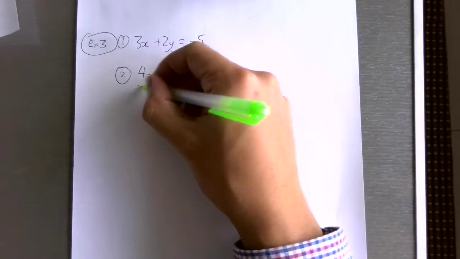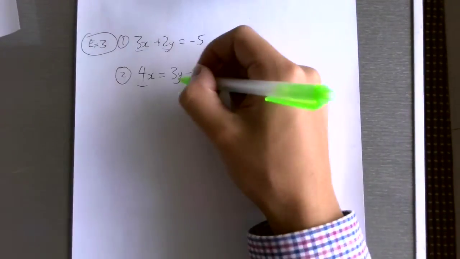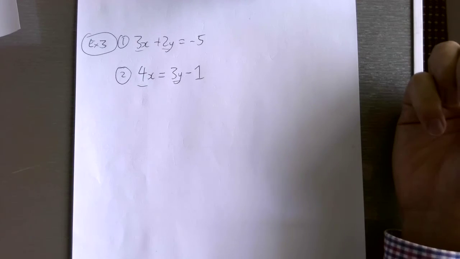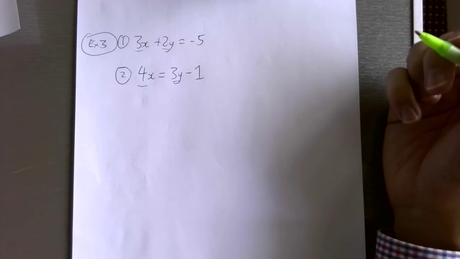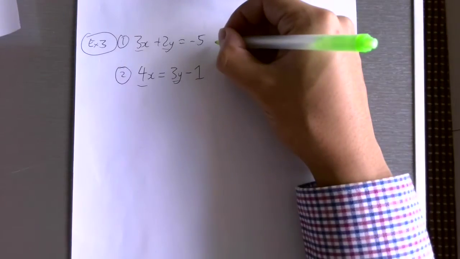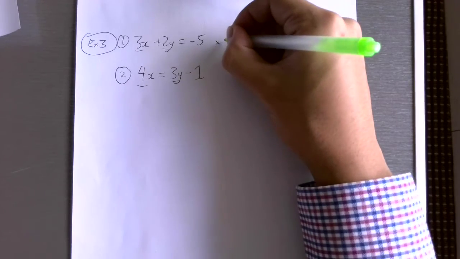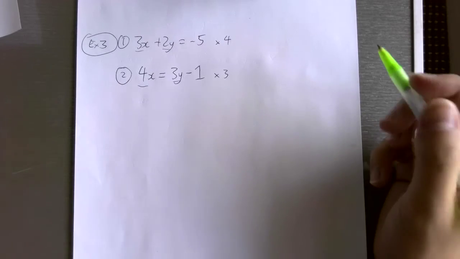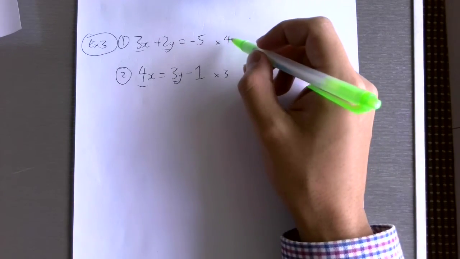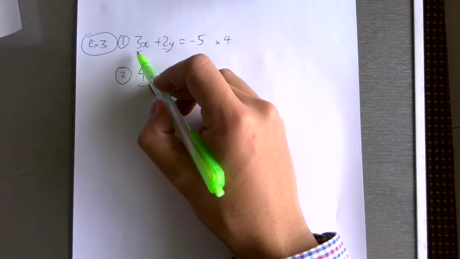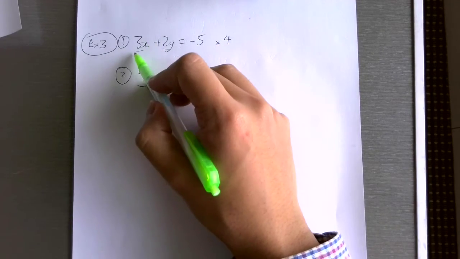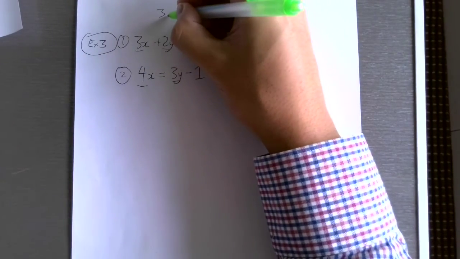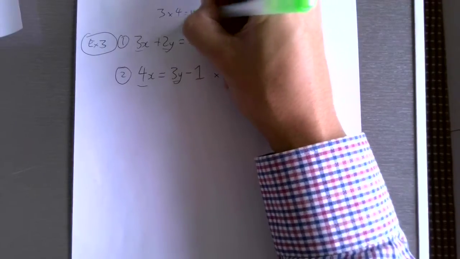So again, we have the same problem where our x's and our y's don't equal the same thing at the moment. So what we're going to do is times this side by 4 and times this side by 3. Now, the thing about this is we know that 12 is a multiple of 3. What I mean by that is that 3 times 4 equals 12.